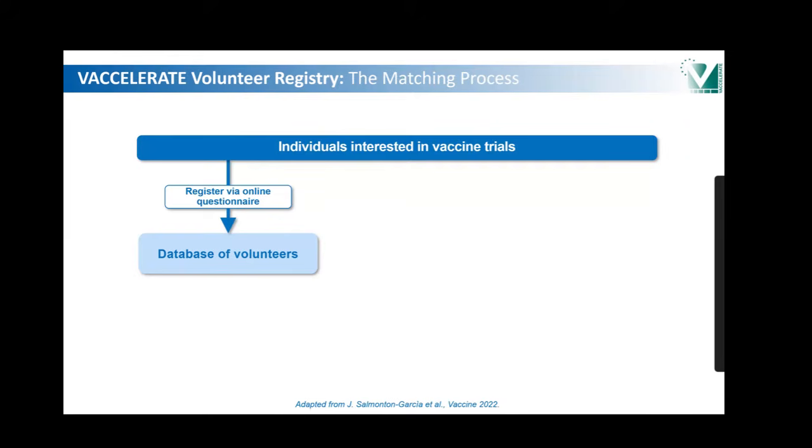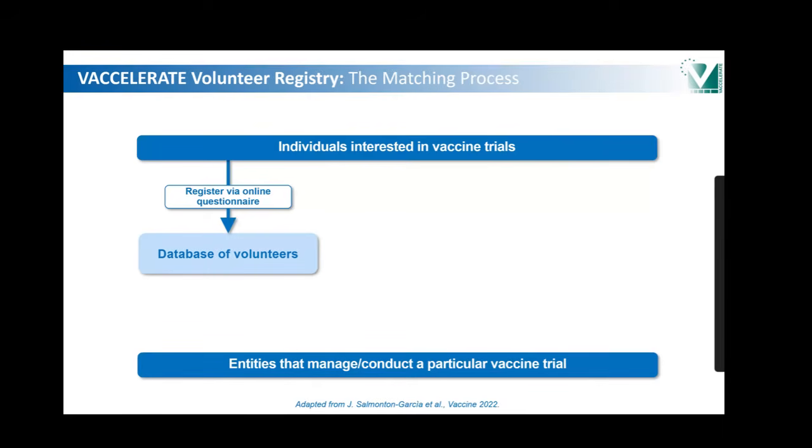In this case, it is about vaccine trials, but it could be about any trial that you want to perform. On the other hand, we have entities that do want to conduct a trial, and they can request volunteers from this database.